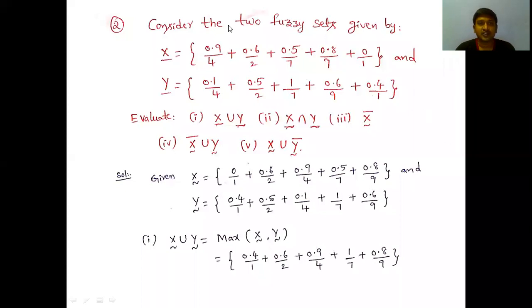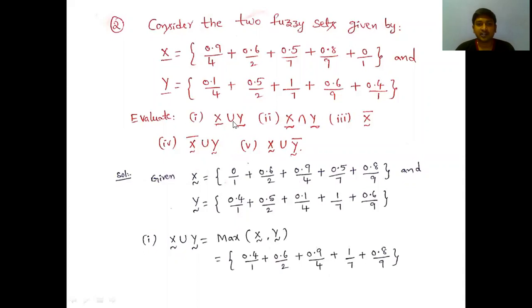So here, consider the two fuzzy sets given by fuzzy x equal to 0.9 by 4, 0.6 by 2, 0.5 by 7, 0.8 by 9, 0 by 1, and fuzzy y is equal to 0.1 by 4 plus 0.5 by 2 plus 1 by 7, 0.6 by 9, 0.4 by 1.